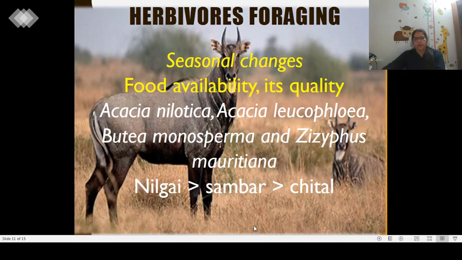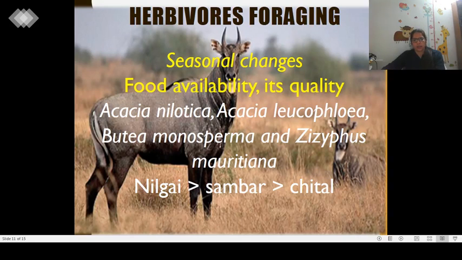So if you have observed that cheetal, sambar and nilgai are using similar plant items for feeding, and these three species are sympatric species in a single ecosystem. These species use the same or common plant items by using a resource partitioning mechanism where they eat different products of the same plant item.